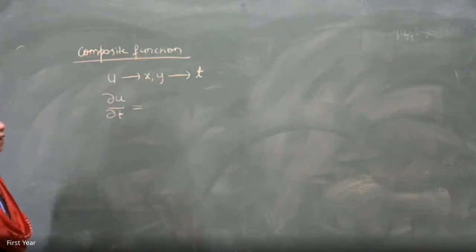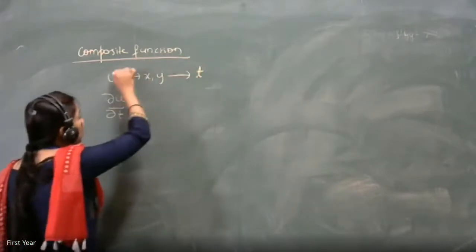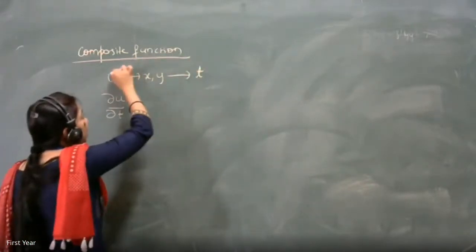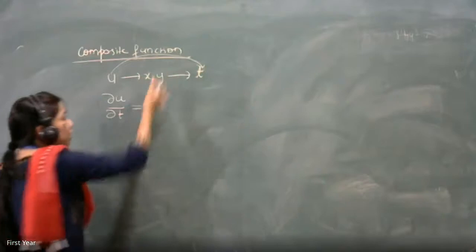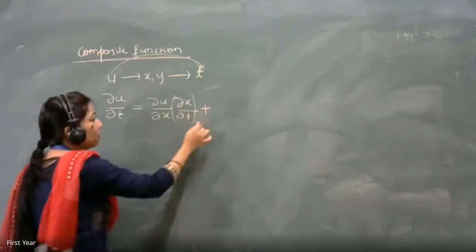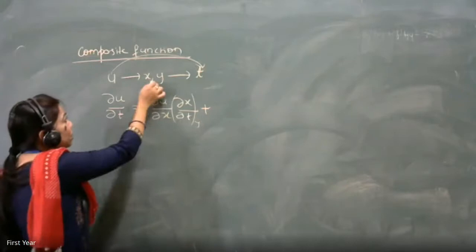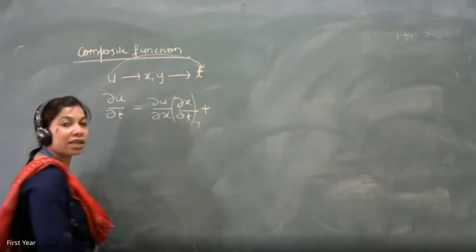Can I directly find the derivative of u with respect to t? Can I directly go from u to t? Can I jump from here to here directly? Then there was no point in taking x and y, right? Ma'am. Yeah. del u by del x into del x by del t while y is constant. Correct. Plus, this is the most important part. Does u depend only on x and x depend on t, is that so?